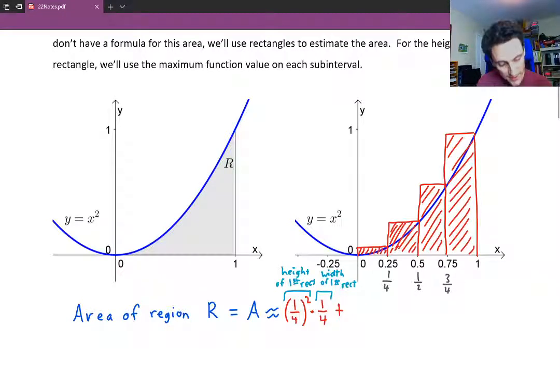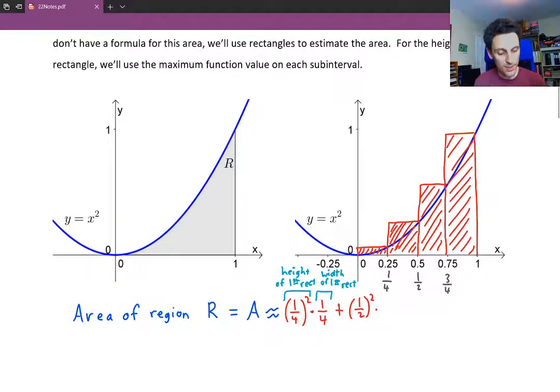What's the x value that we're going to plug in to get the height of the second rectangle? So if you said 1/2, then that would be correct. 1/2, going to plug that in, which means plug it into the x squared function, so you'll have a half squared. And then times, what's the width of that rectangle? If you said 1/4, that would be correct. It's 1/4, that's the distance across the subinterval here.